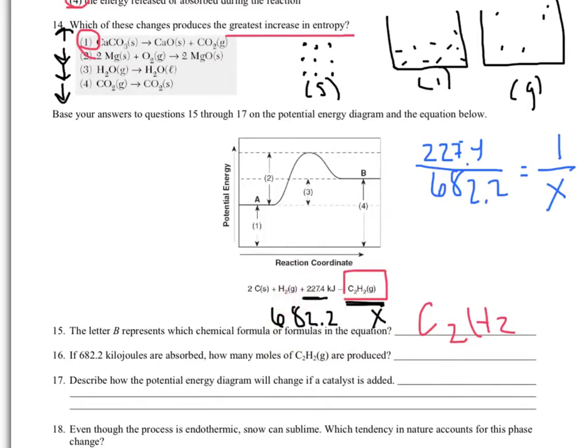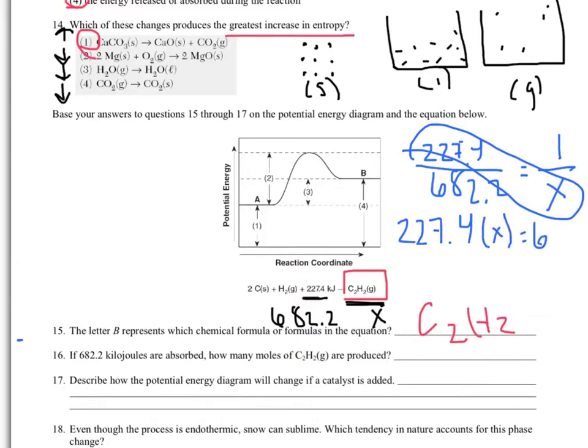Remember, once you set up a proportion, you solve by cross multiplying. When we cross multiply, we'll get that 227.4 times x equals 682.2. And when we divide to solve for x, we'll get x equals 3. So that is our answer, 3 moles.